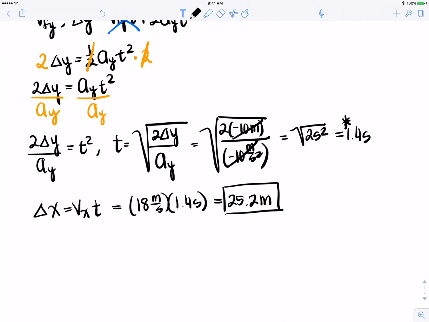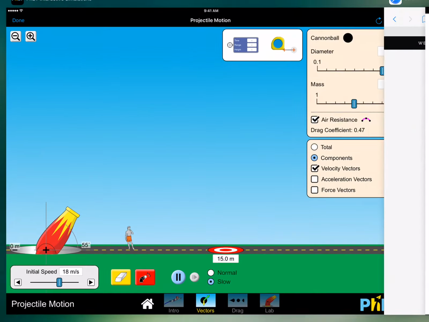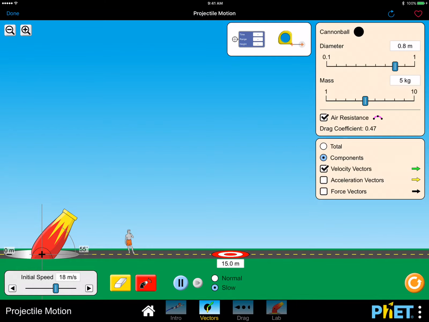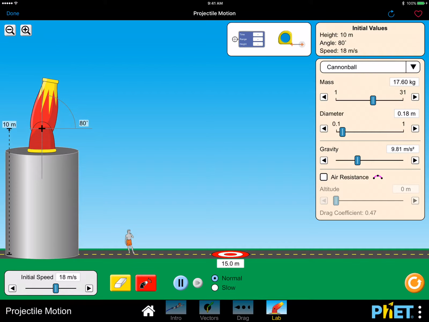So after you solved this, this is trial A, again from the lab, solving this using the kinematic equations, you would go to your PhET, click on lab, and change the parameters of your lab such that they reflect what's outlined on the sheet. So here I have 0 degrees as my angle. My starting point is 10 meters up from my ending point, which makes delta y negative 10.